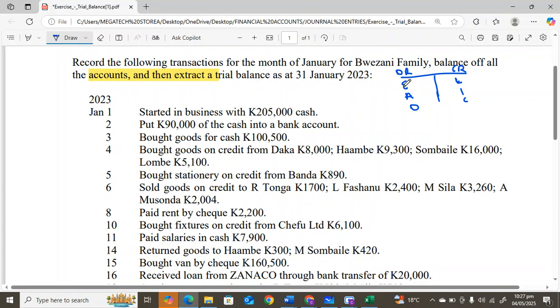Yes. Purchases is an expense, increase, debit. Cash is an asset, reduction, credit.